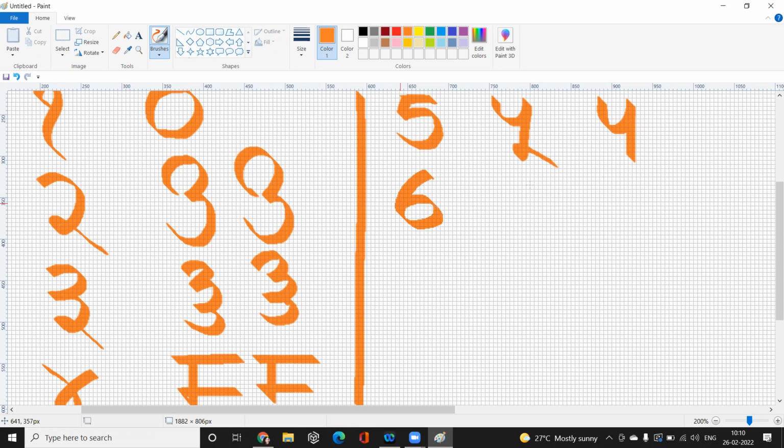And 6. Six is basically, if you see, the mirror image of what we have in Roman. This is 6. We usually don't join this loop to the other loop. We leave a little gap in between.